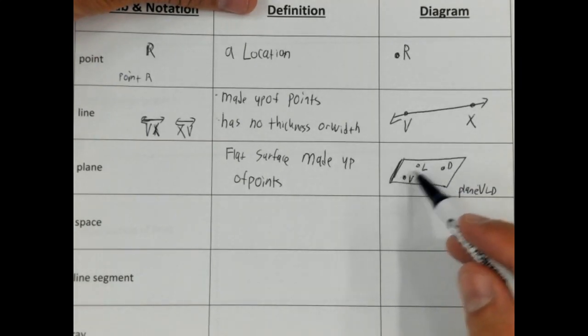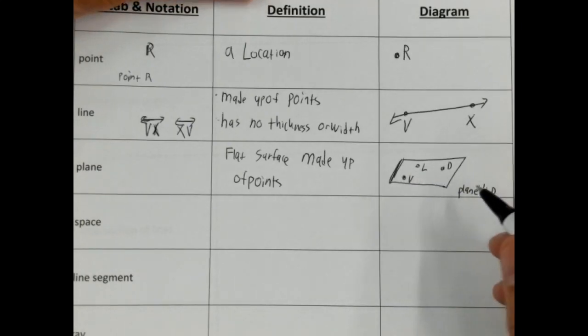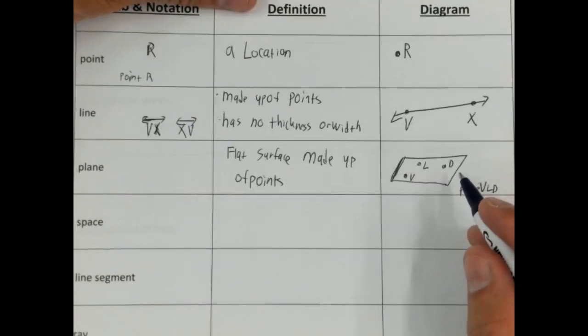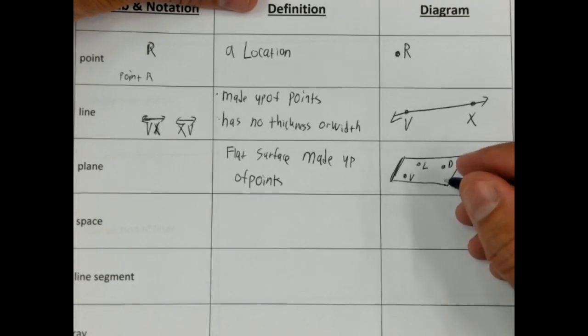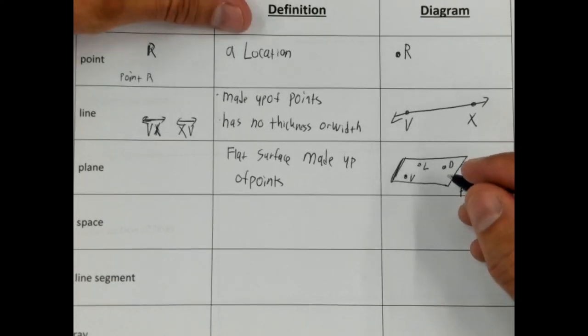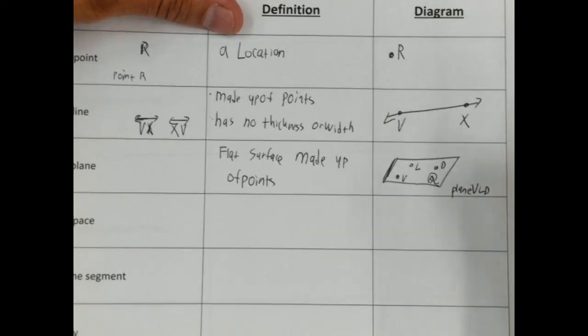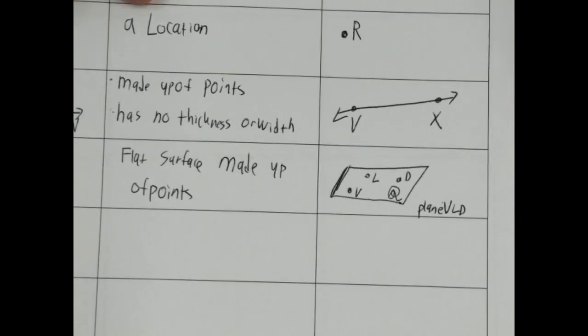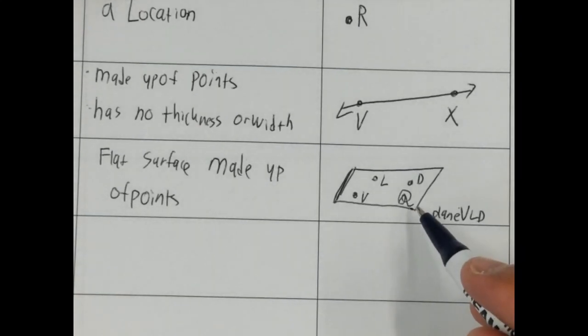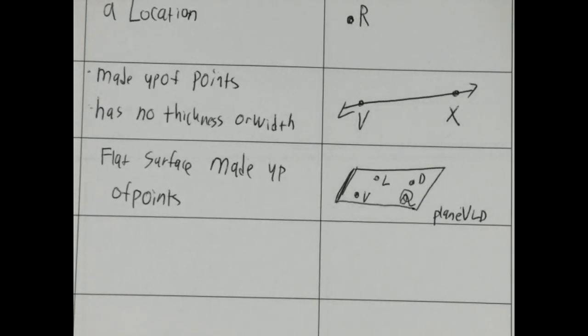There's no line that would be able to connect all 3. You can also label a plane with a large italicized letter, which is not a point, which can be confusing. So let's call this plane R. And you'll notice I put this big italicized R in the corner, and sometimes you see a plane labeled that way as well.